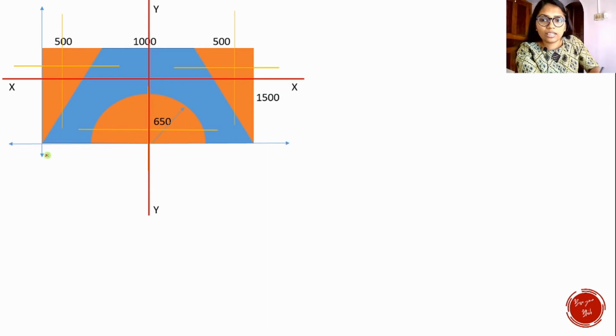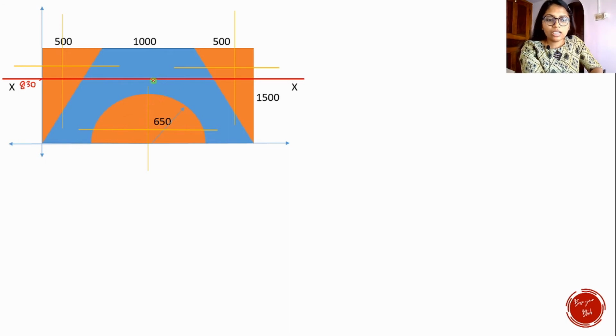This point here, this much distance is 1000 and here x-axis lies on 830 millimeter, isn't it? So first let's check out the moment of inertia about x-axis. Okay. So before that, let me mark all points here. That means here is the point 1000, and for the semicircle the point was about 276, isn't it?